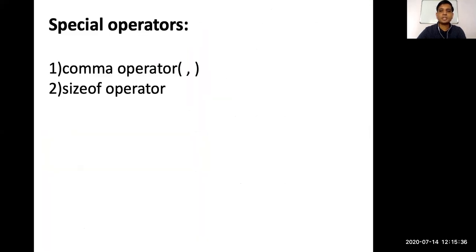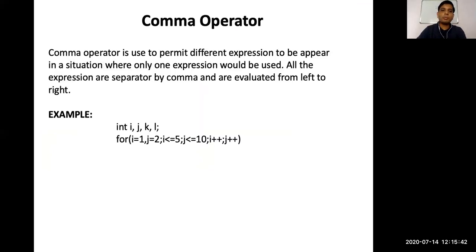Okay, and the special symbols: comma operator and sizeof operator. If you want to execute more than one instruction in the same line, you can separate those instructions or expressions using the comma operator. Just like i equal to 1, comma, j equal to 2.